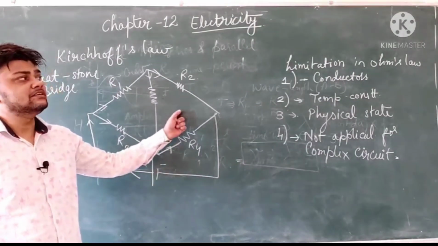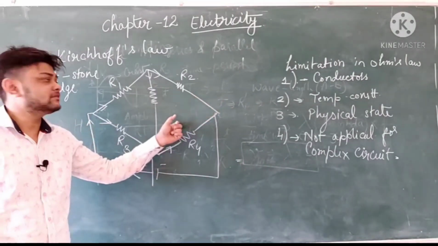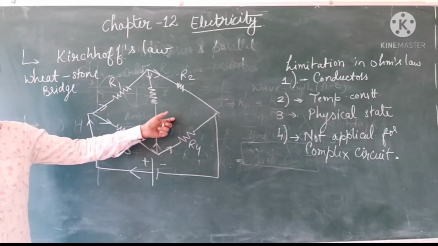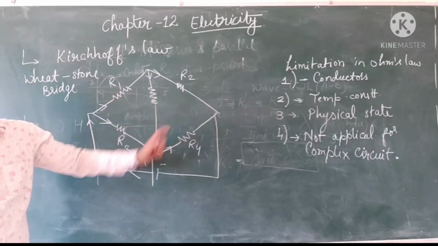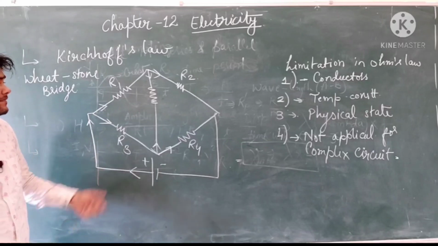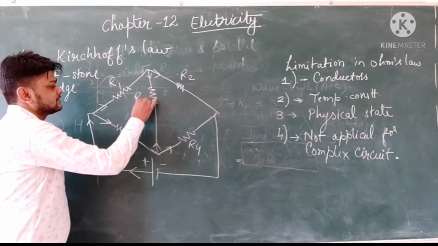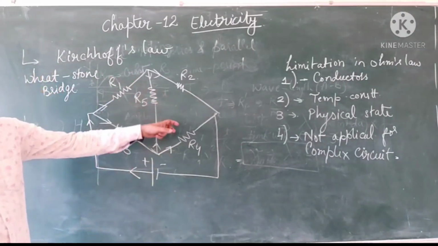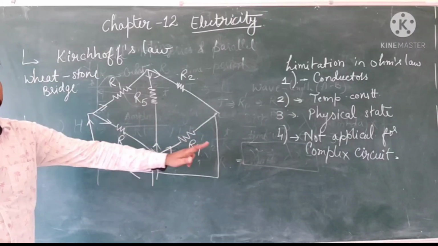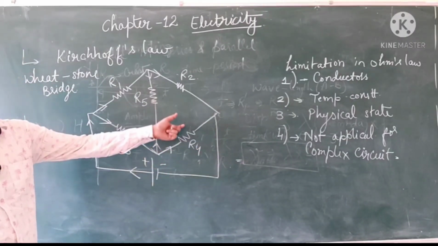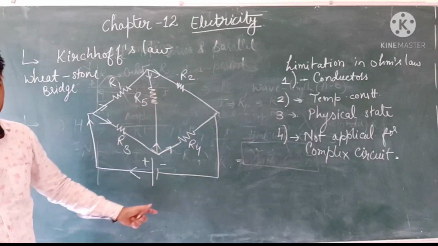So under this condition, Ohm's law is not applicable to get the value of current across each resistor. If resistance values are different, we cannot calculate using Ohm's law. If resistance values are the same, we can calculate. How?